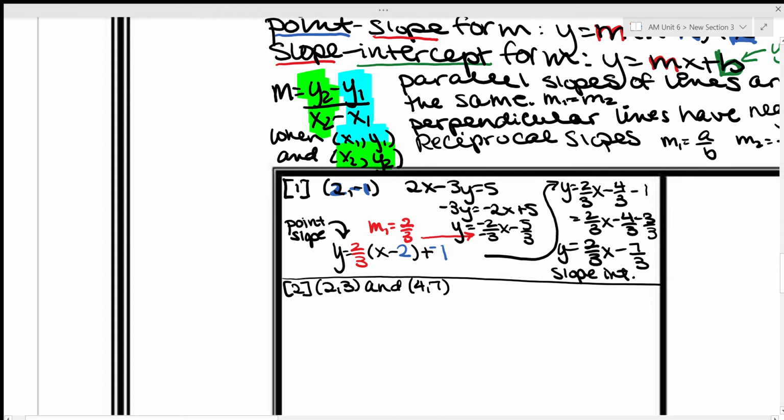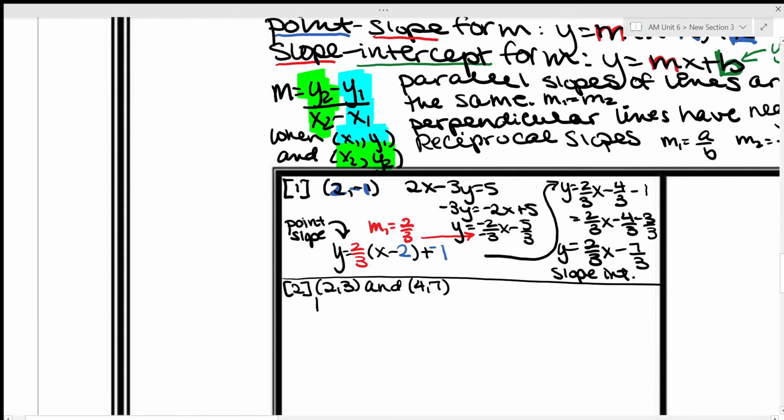Okay, so what do you guys think we're going to do first? What is it? We want point slope. Okay. And then we got to do what? You're going to find your slope first. I said that. That's what I'm doing.